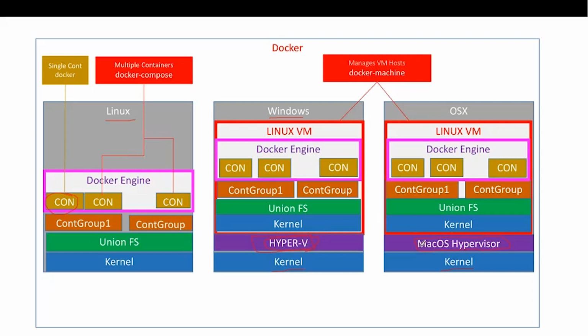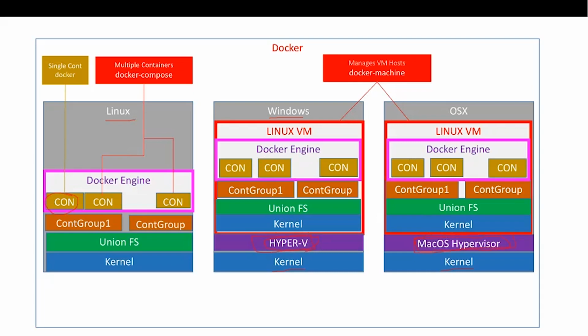When I run Docker run on Mac, by default, it uses the Mac OS hypervisor, but I can make it use VirtualBox or a few other ones. But nonetheless, it's going to spin up a VM and it's going to have a container inside of that VM. That's how Docker works on Windows and in Mac OS.